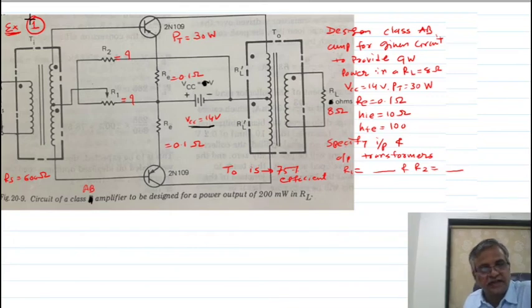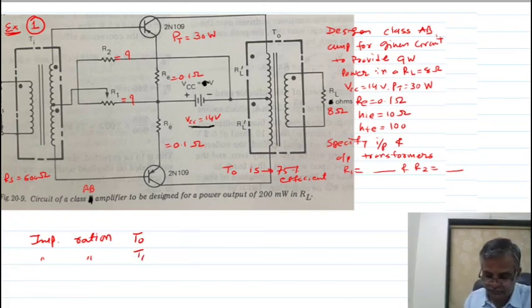Listen now, this numerical I am giving you for the true and false question on a Moodle platform. On the Moodle platform, you have to specify the impedance ratio of TO and impedance ratio of TL. Impedance ratio of TL first, and second the value of R1 and R2.